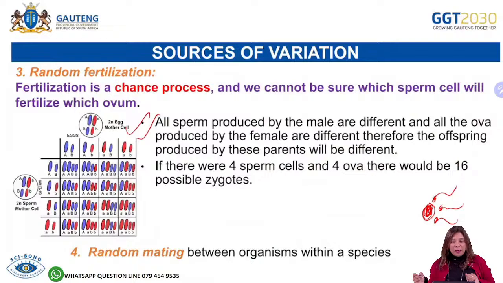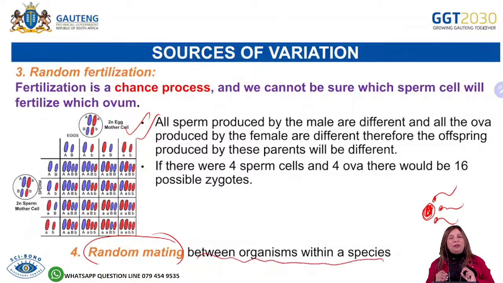Then we've got random mating. Random mating is a very interesting topic, but we will leave that for another lesson. It is between organisms within a species. Usually in human beings, we have a male and a female and they mate for life. That means for the rest of their life, that is the only person they will mate with. Hopefully, or we don't know.